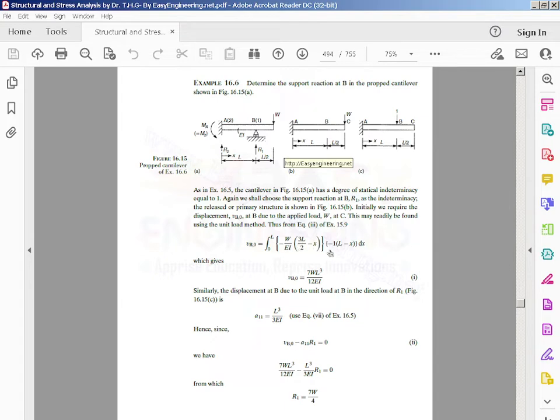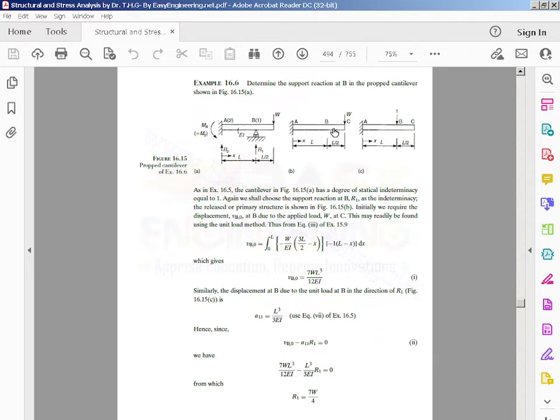That's the moment, but I'm going to do a separate video on that. Then times minus 1 times L minus x, dx. That gives you VB0 equals 7WL cubed over 12EI.